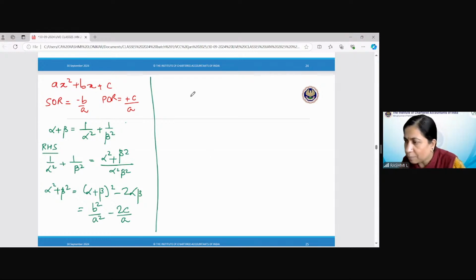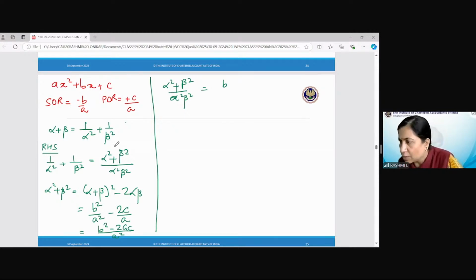So what is happening? This is alpha square plus beta square upon alpha square beta square to be equal to b, and I'll solve this simply because this is a square in the denominator, this is a, I take the LCM as a square, so this becomes b square minus 2ac.